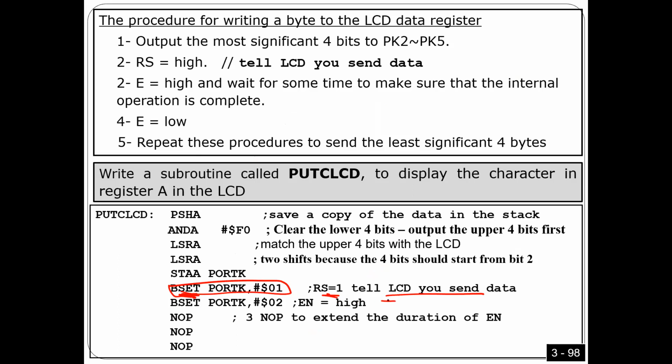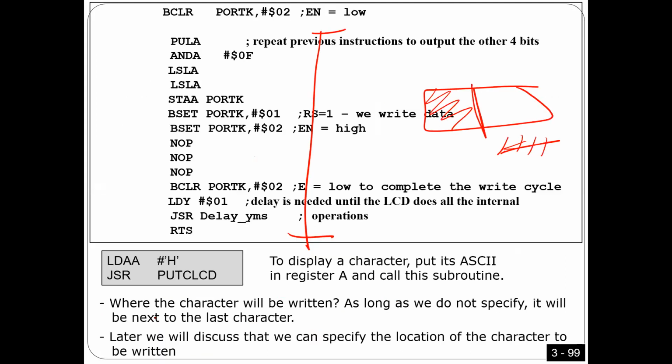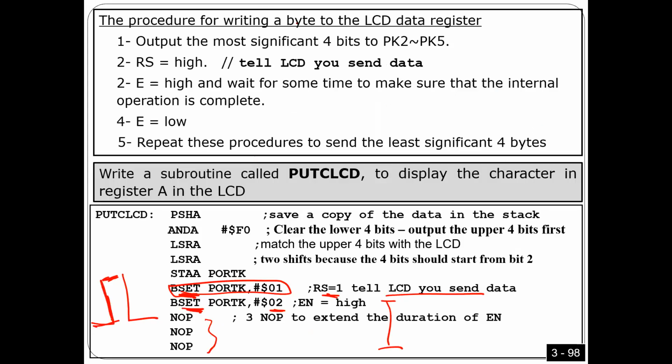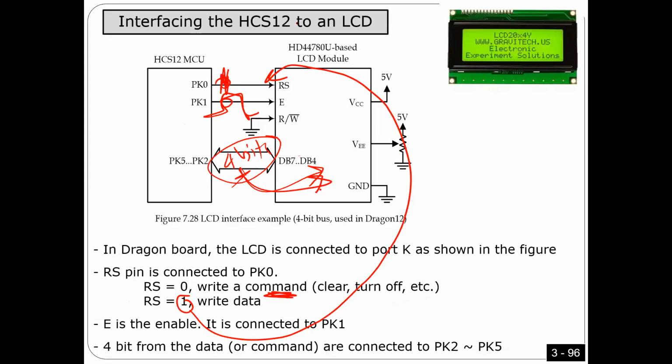If you look at the next step here, guys, bit number 2 is high. I'm going to pull bit number 2 high, and then wait for some time. I'm going to waste some time, and then pull it low, as you would see here. Very, very easy, right? Anyway, now I am done with the most significant 4 bits.